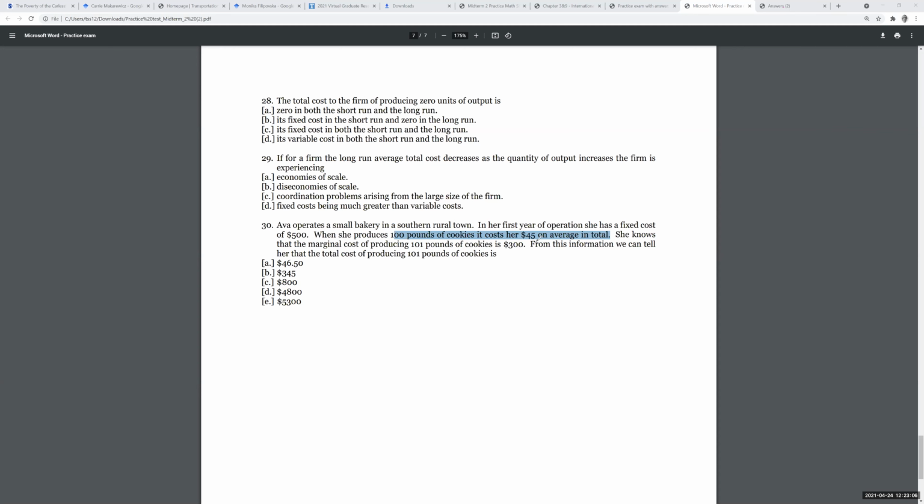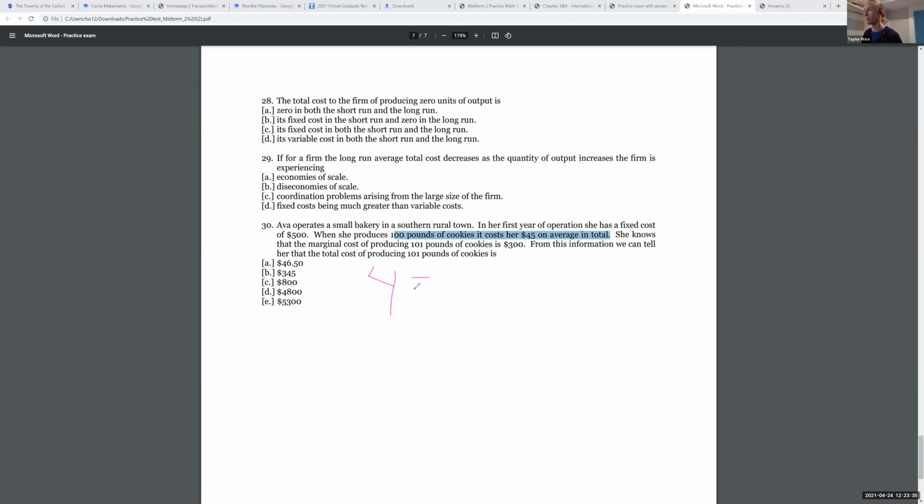So I feel like the 500 is completely irrelevant, because to make 100 cookies would just be 4,500. And then the marginal cost is the change in total cost over the change in quantity. So she's only adding 1 more pound of cookies, so the change in quantity would just be 1, which means to add another pound of cookies would cost her an extra 300. So 4,500 plus 300 would be 4,800. Yeah, that's exactly correct.